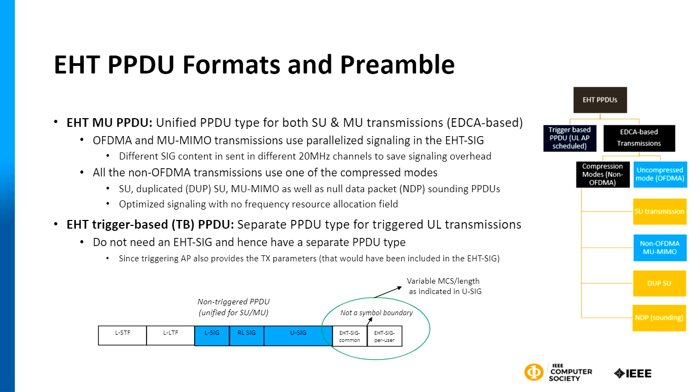Here, this was done to ensure a little bit of reduction in signaling overhead for the case of multi-user transmissions, where the EHT SIGs contain transmit parameters, and on the receiver side, the receive parameters for decoding the different resource units that are allocated to these stations.